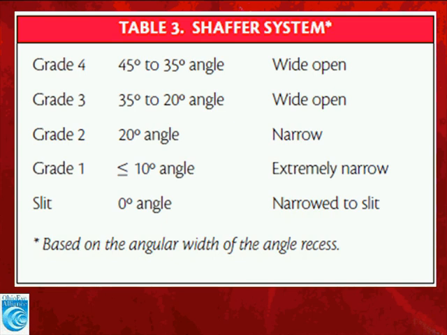Note, Scheie's system was Roman numerals, Schaefer's system is Arabic numerals, and in the Schaefer system, a grade 4 angle is wide open. Most people in the United States use the Schaefer system when describing an angle, and when they talk about a grade 4 open angle, they are talking about the Schaefer system. In the Schaefer system, a grade 1 angle is extremely narrow, and a slit-like angle is narrowed to a slit. Grade 1 and slit are at high risk for angle closure attack.